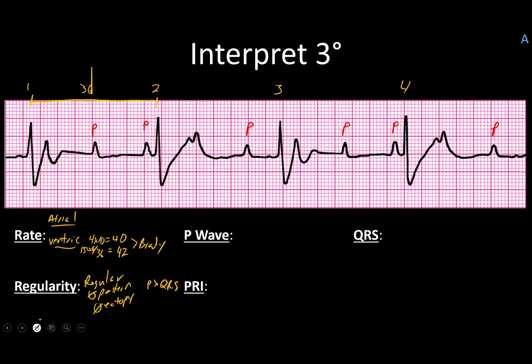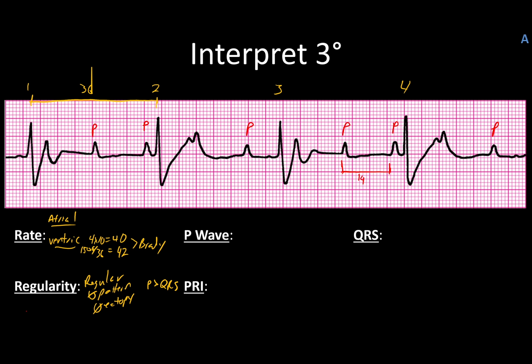In terms of our P wave measurements, the only two clean P waves that I have to measure between is actually this one right here, between beat 3 and 4. So we'll measure between these two, and we get the number 14.